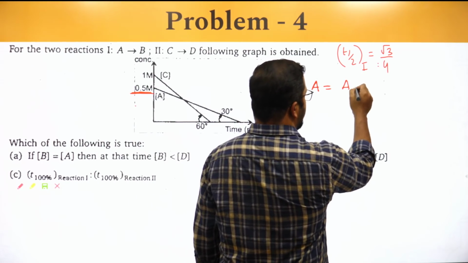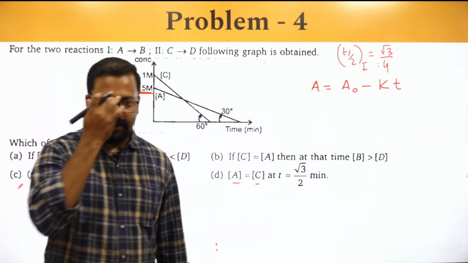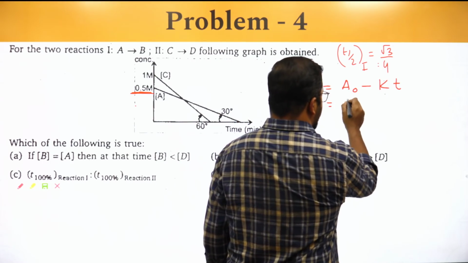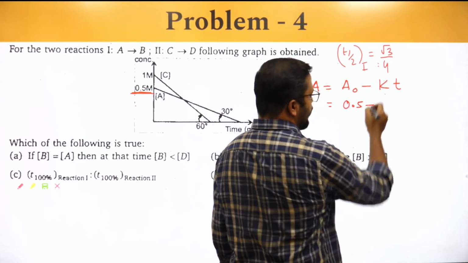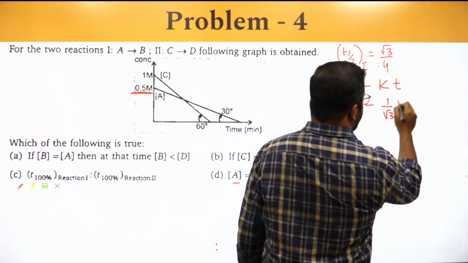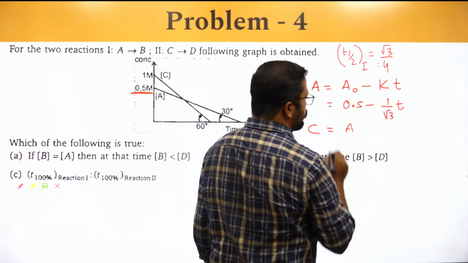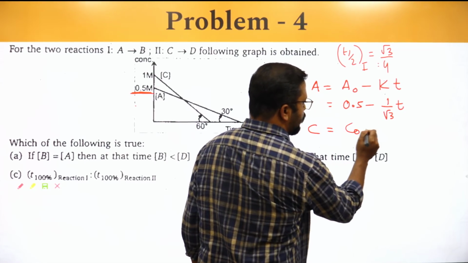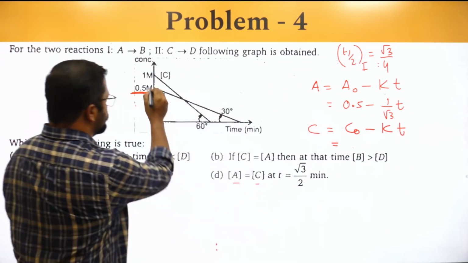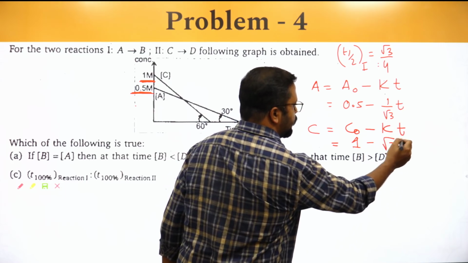A can be written as A naught minus K times T. A naught is 0.5. K is 1 by root 3. I need to calculate this time. C is equal to C naught minus K times T. What is the amount of C initially? 1 minus root 3T.